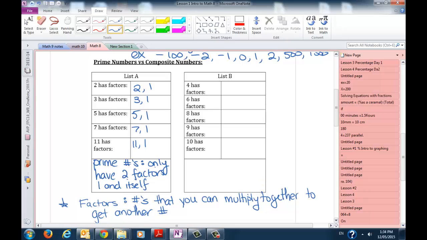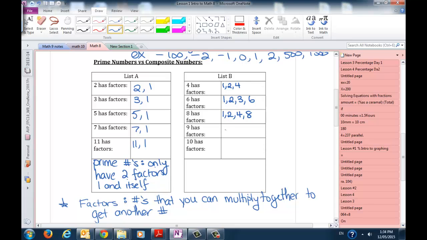For list B, I want us to do the same thing. I want us to list all the factors out for each number. So for 4, 1, 2, and 4 are the factors of 4. For the factors of 6, we have 1, 2, 3, and 6. For 8, 8 has factors of 1, 2, 4, and 8.